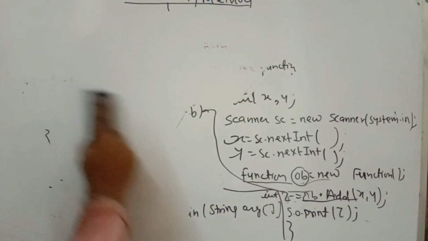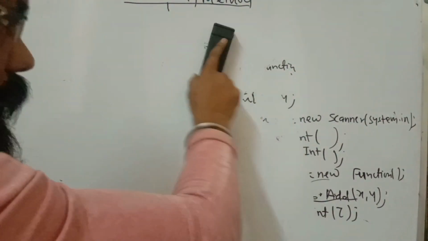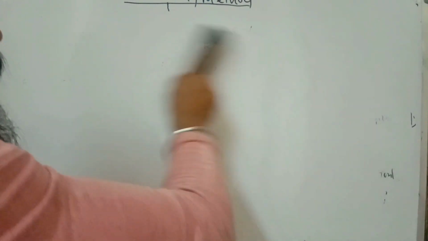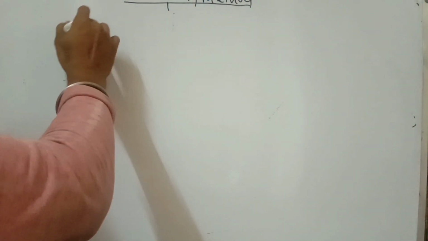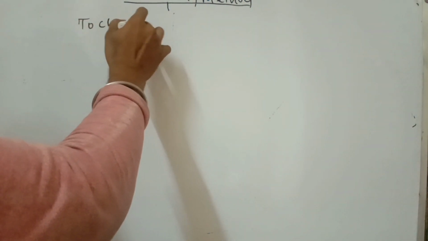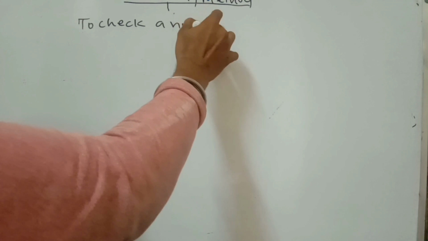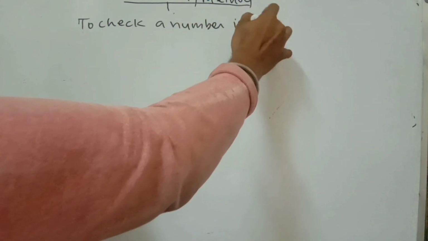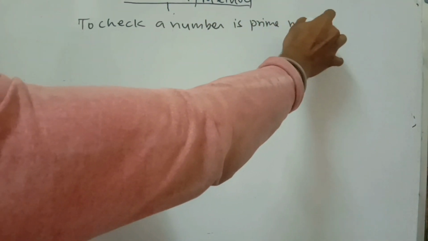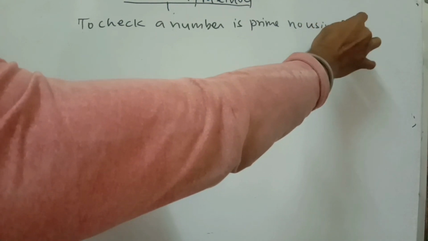So now I am going to take another example, a program using a function. Let's check a number to see whether it is a prime number using a function.